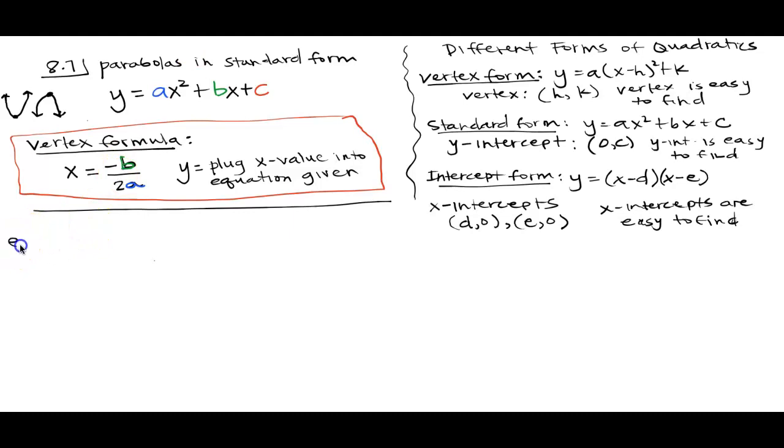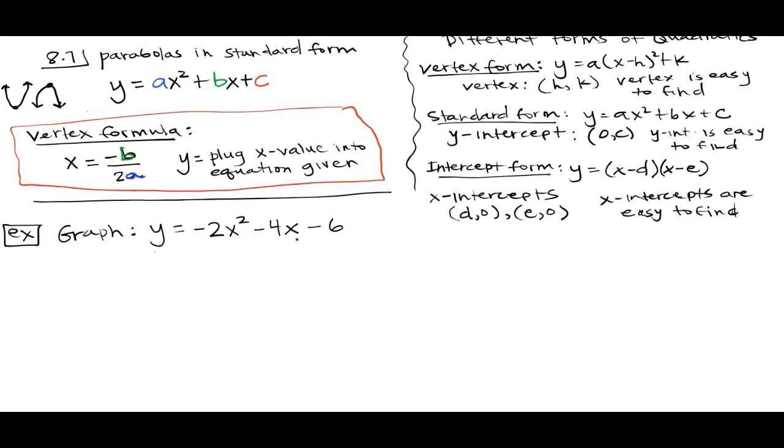Okay, so on this first one, it's going to ask us to find different things on it. So it wants us to ultimately graph an equation that's given. So say that they give us y equals negative 2x squared minus 4x minus 6.